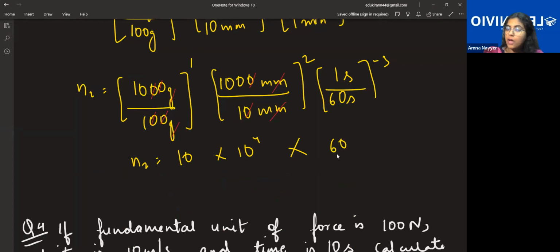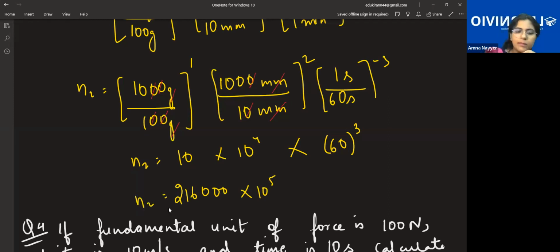So 60 into 60, cube of 6 we'll write 216. And then the 3 zeros here, into 10 to the power 5. This is it. So what will it become? 2.16 if we write. So 1, 2, 3 zeros will come here, right?